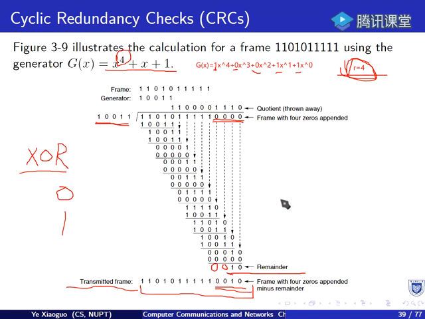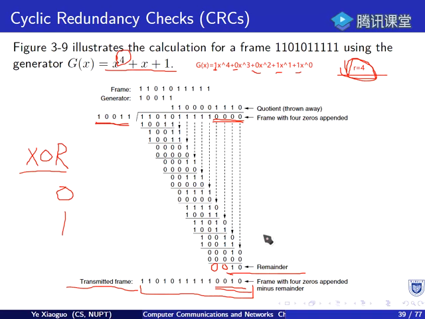It is somewhat complex, but it is important. It is important for us to understand the CRC principles, and we will have some problems on the final examination paper.